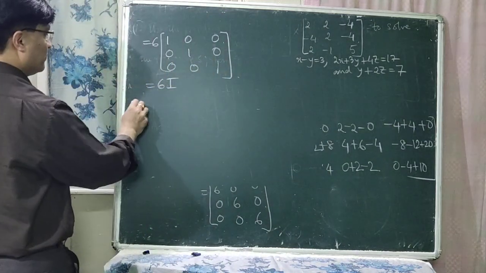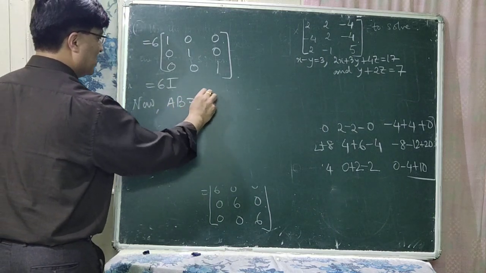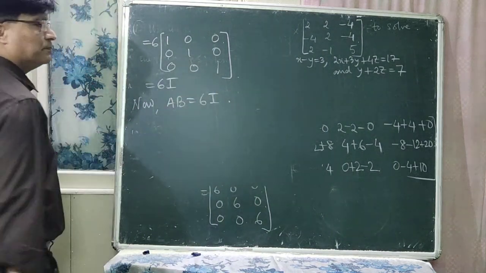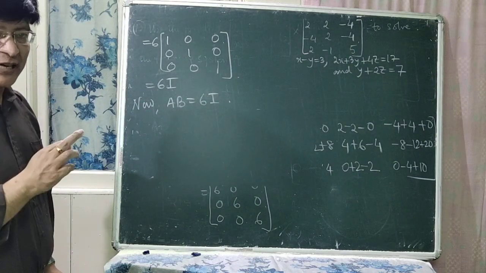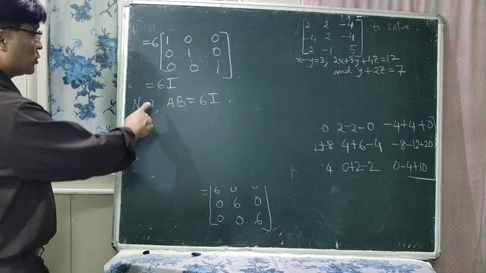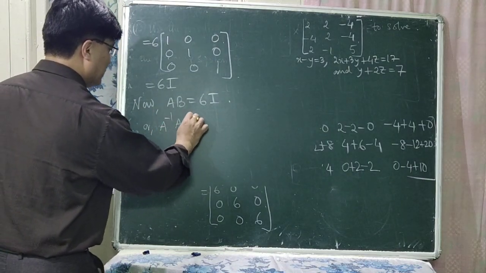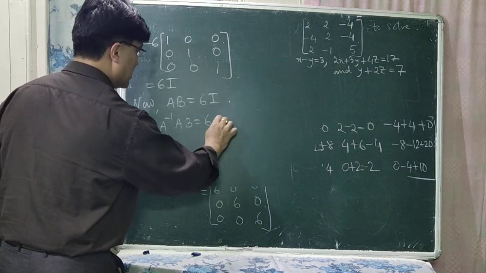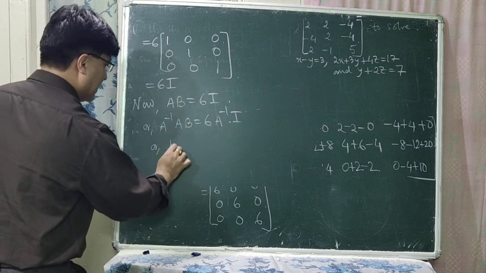So now we got AB is equal to 6I. Actually, you have to get the value for matrix A inverse. So multiply both sides by A inverse: A inverse AB is equal to 6 A inverse I. What is A inverse A?